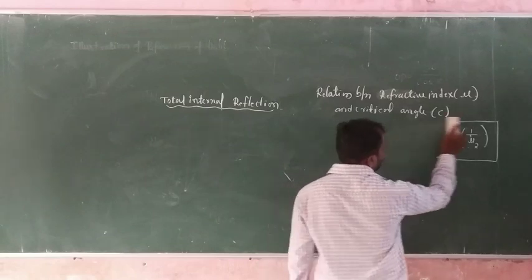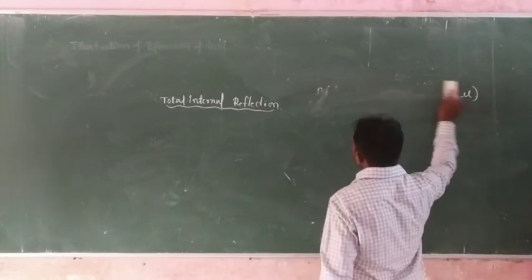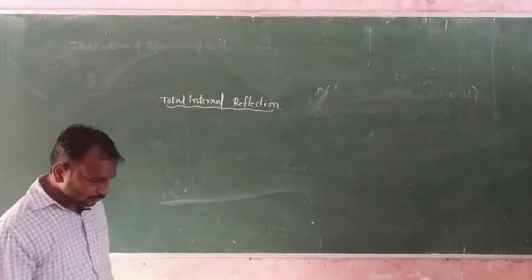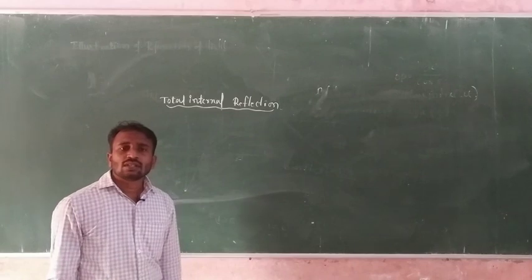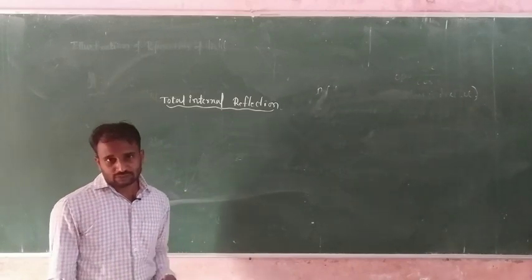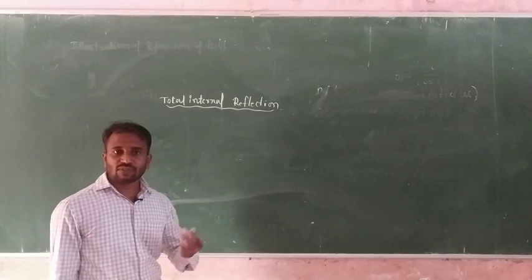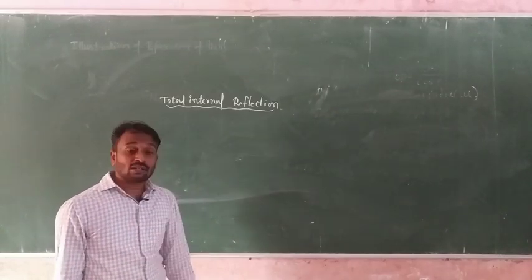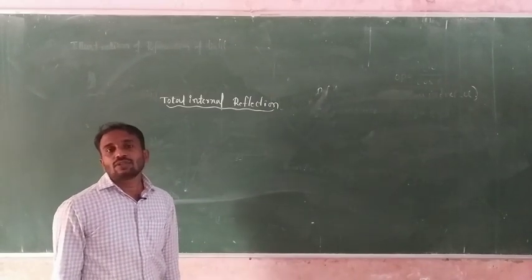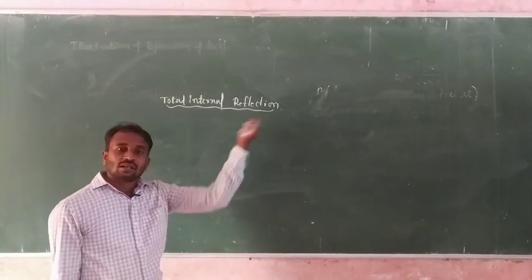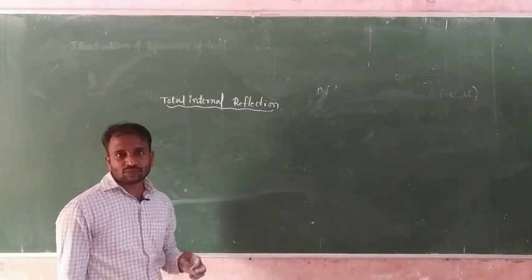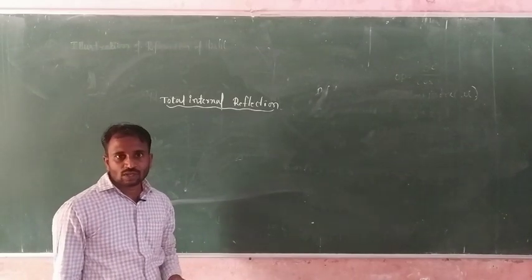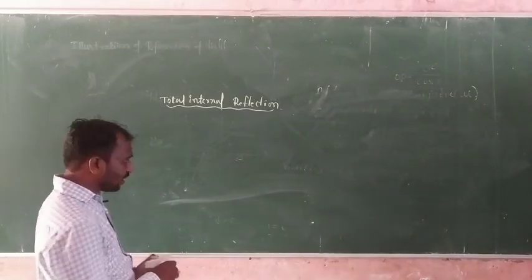Here we consider three main applications. The first one is the sparkling of a diamond, the second one is the optical fiber, and the third one is the total internal reflecting prism. Okay, the first one we consider is the diamond.